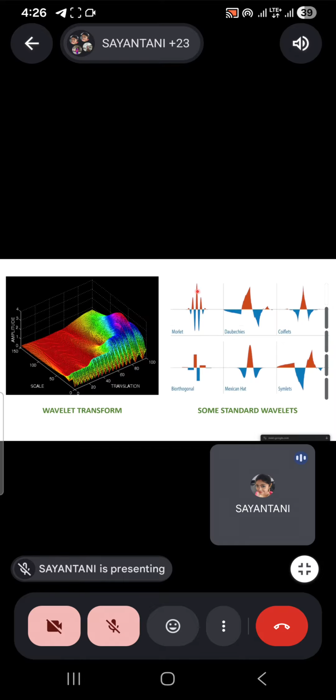Morlet wavelets are usually utilized in seismic waves, that is something to do with earthquakes. Mexican hat and coiflets are usually utilized in image processing tasks. So depending on different applications, these mother wavelets have been designed.